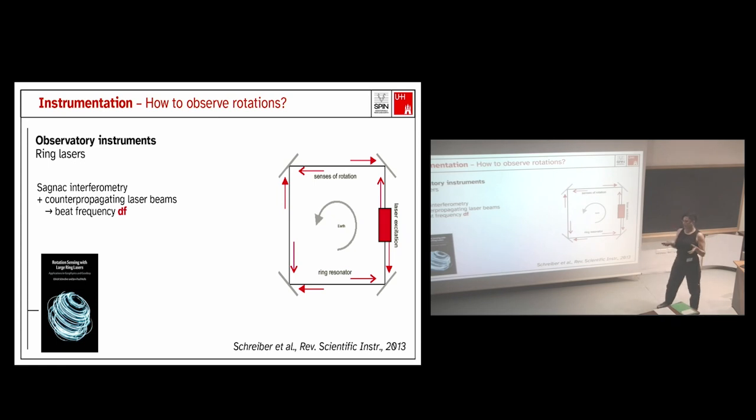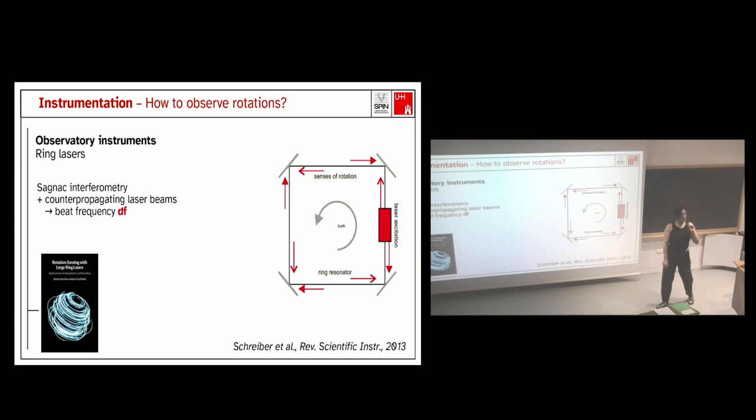Essentially, you have a laser beam that is split in two, starting in phase, and it's sent into what they call a cavity, which is in this case essentially just a ring or a square with mirrors at each corner, bouncing the light around the square. So the laser is split in two, and one beam goes that way, and the other beam goes that way.